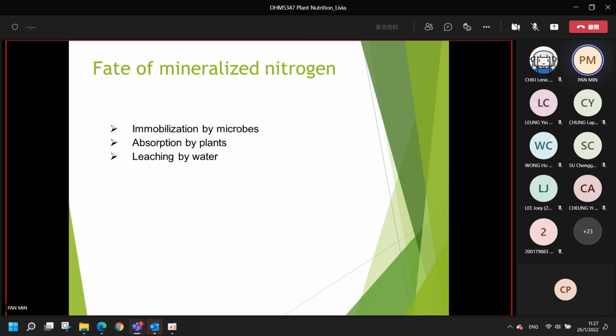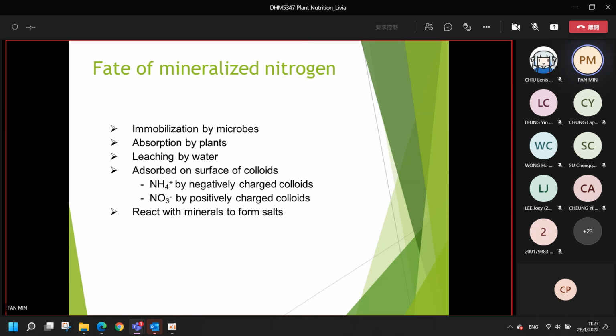And the fate of mineralized nitrogen: the immobilization by microorganisms, or the absorption by the plant, as well as the leaching of water. In the ionic forms of nitrogen, we have these processes, and they can exist as the ammonium form, and the nitrate or nitrite form.